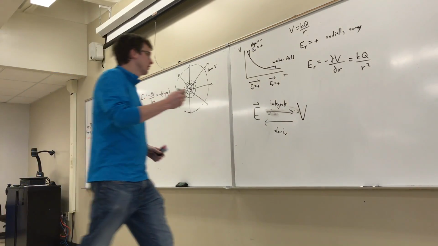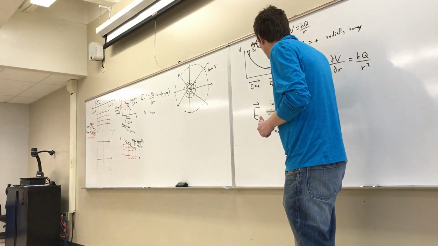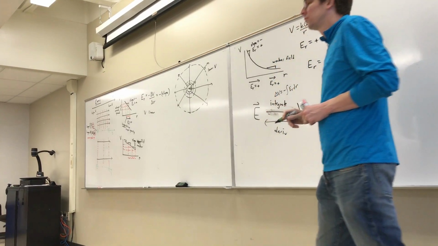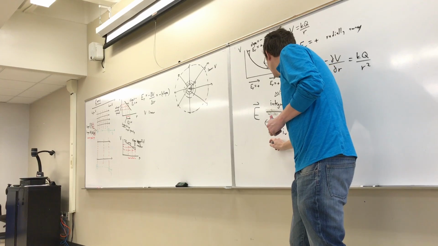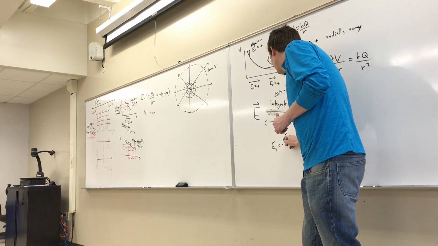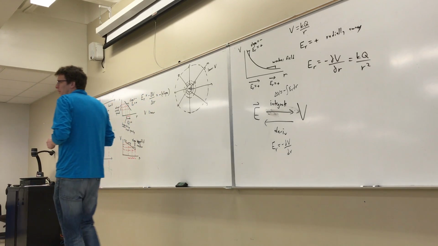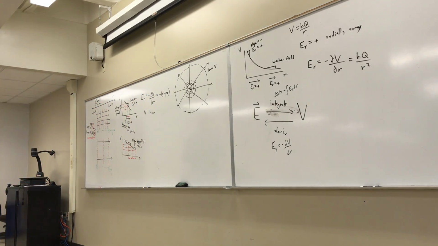So if you integrate in one dimension, it goes like this. And if you take the derivative, you just come back. The only thing that really is messing you up there is a minus sign, okay? So don't forget that minus sign. That makes sure that the electric field points towards lower voltage, okay?